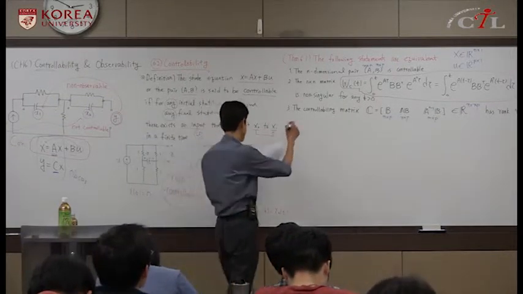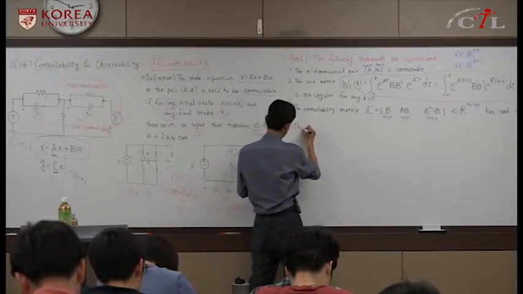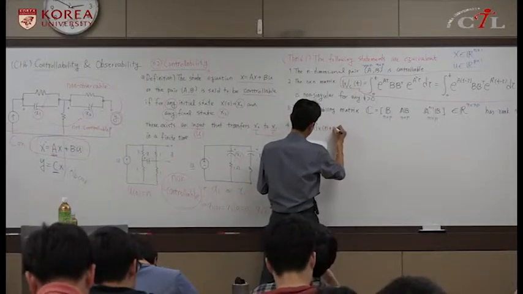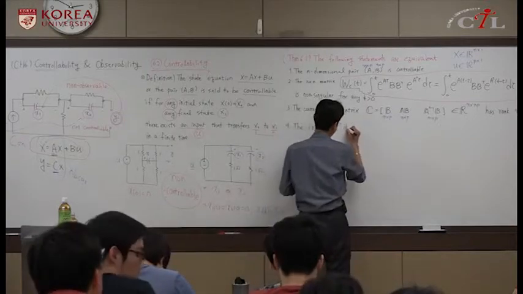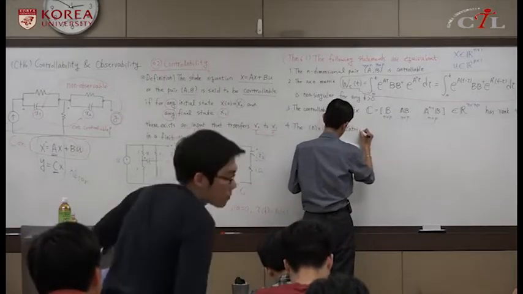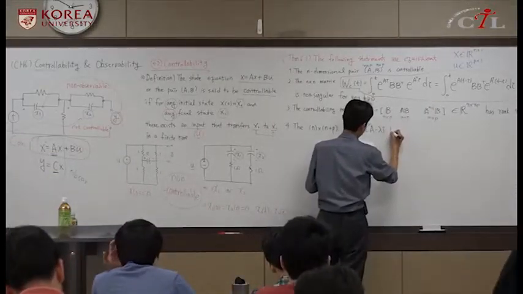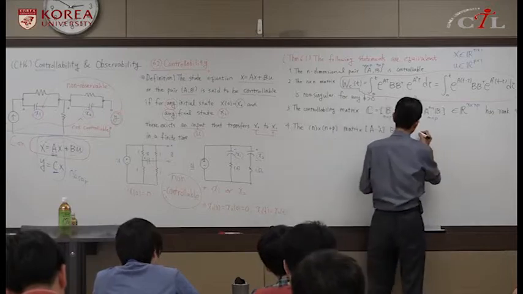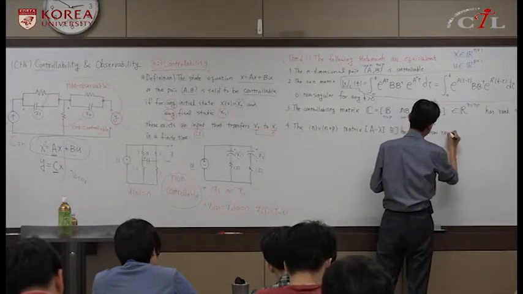And this statement is the same as number 4. The n by n plus p matrix [A minus lambda I, B] has full row rank for every eigenvalue.